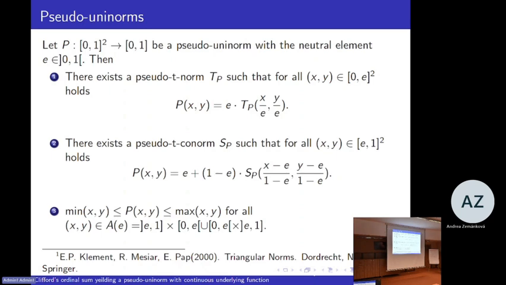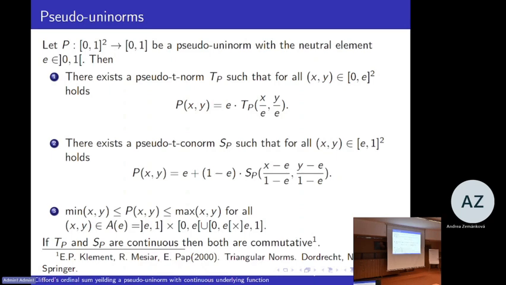Moreover, due to the result stated in the classic literature on triangular norms, in fact, this result goes back to Hölder, I think in 1901, whenever we have a continuous pseudo T-norm, or a pseudo T-conorm, then we obtain commutativity.